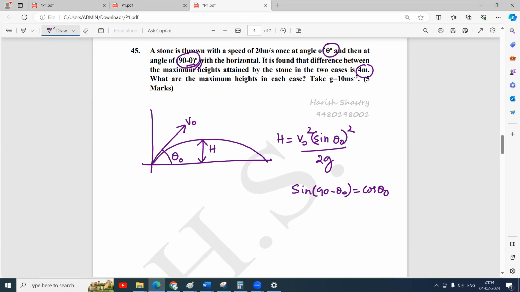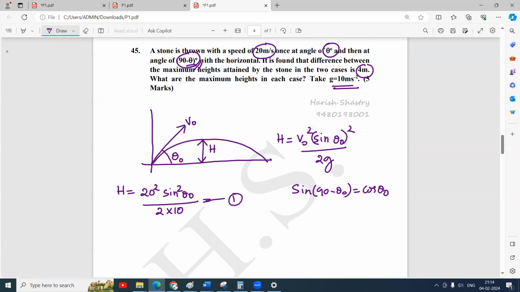Now, for the first case, I'll write h is equal to V naught square, it is given 20 square, sine squared theta naught by 2g. 2 into 10 I'll write because 10 is the given acceleration due to gravity. Let it be equation 1.